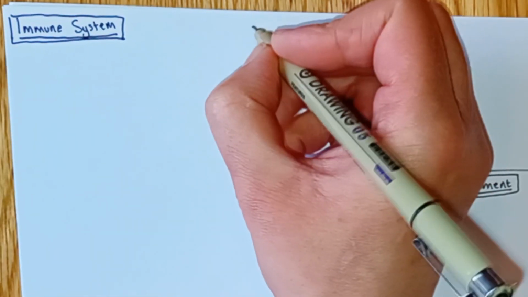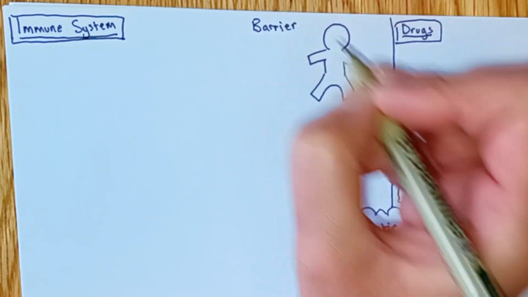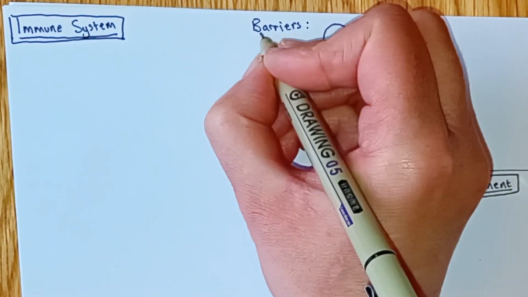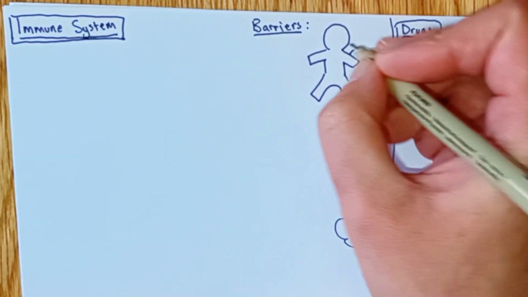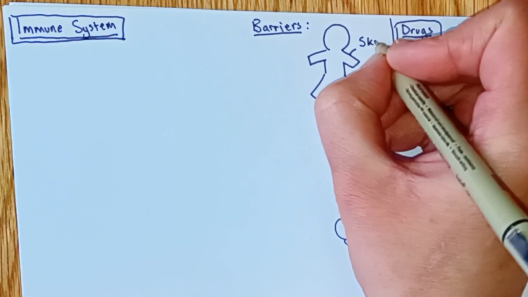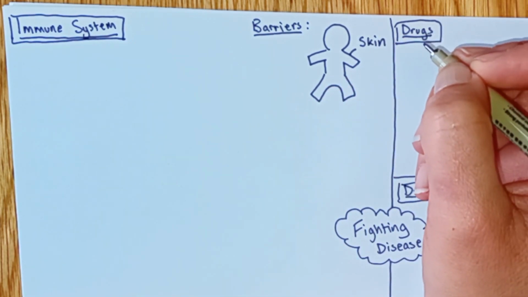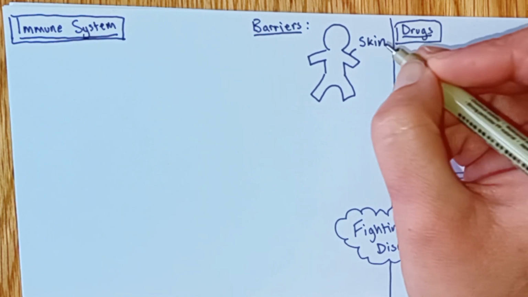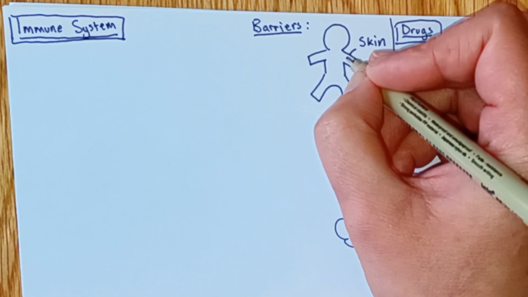And we've got natural barriers that stop pathogens, microorganisms, from getting into our cells. The most important barrier covers the entirety of your outside, and that is your skin. So that's waterproof. It stops pathogens getting in. Unfortunately, occasionally you'll cut or damage your skin and then the pathogens can get in.